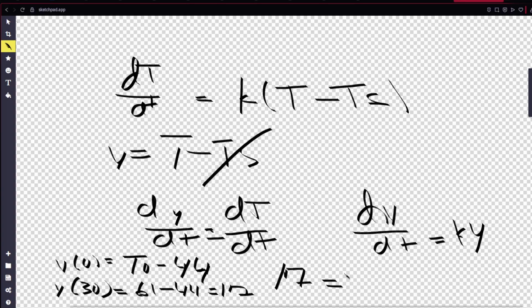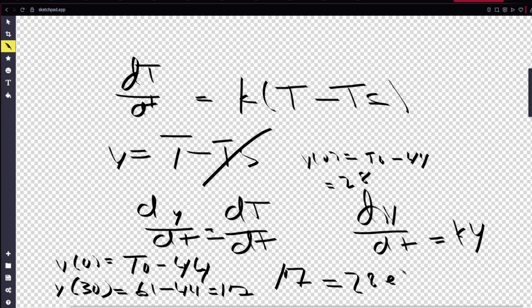17 is going to be equal to the initial value, because y of 0 is going to be equal to T0 minus 44. We're given that the initial temperature is 72, which gives us the initial value of 28.